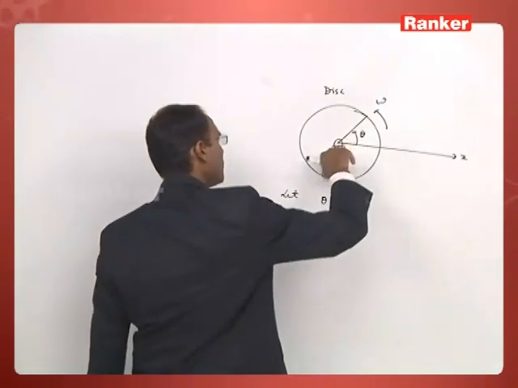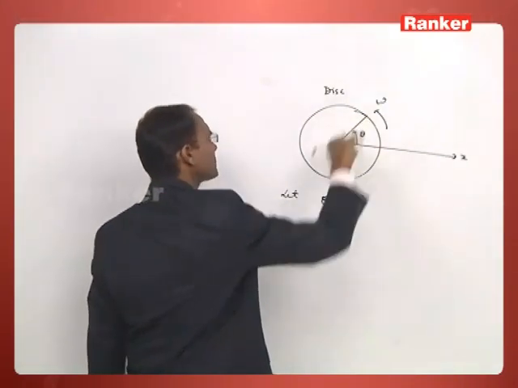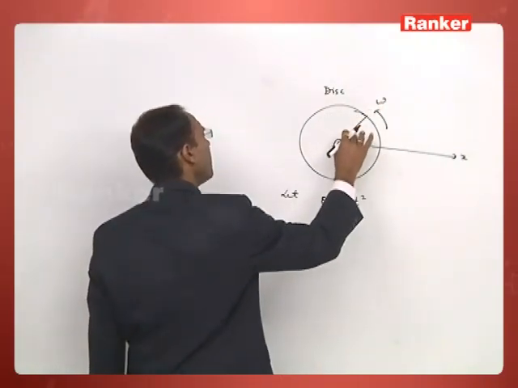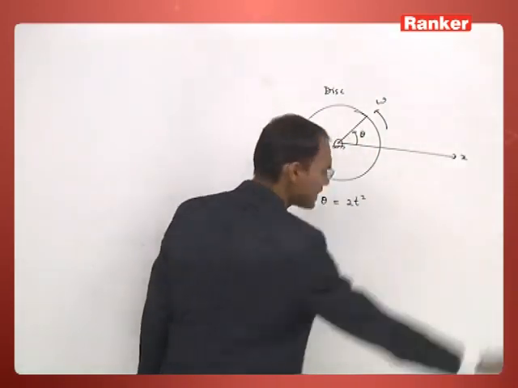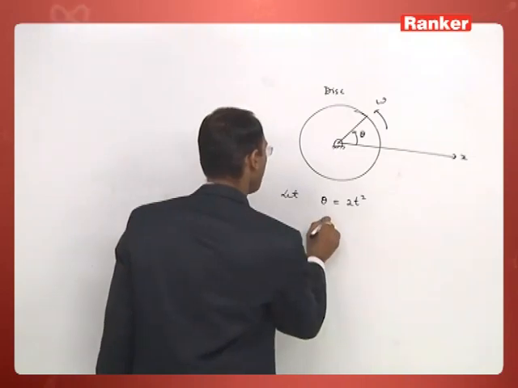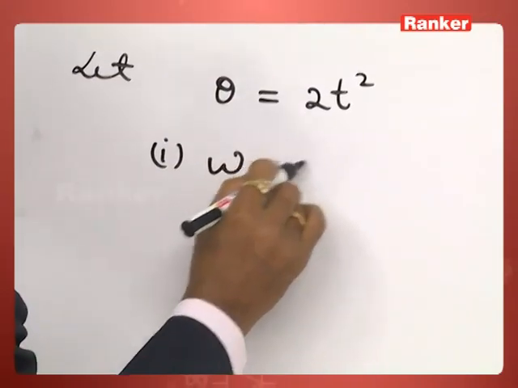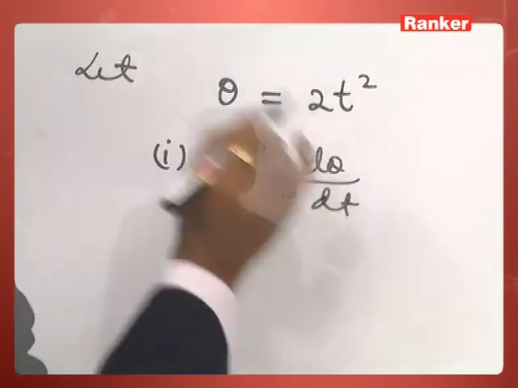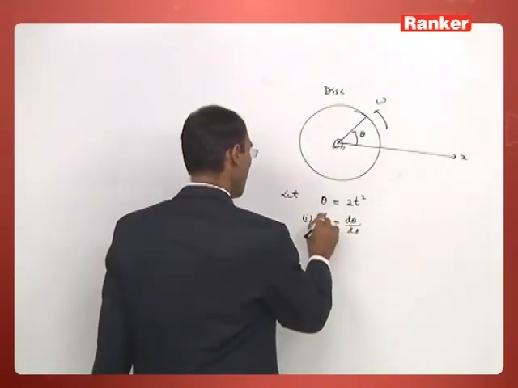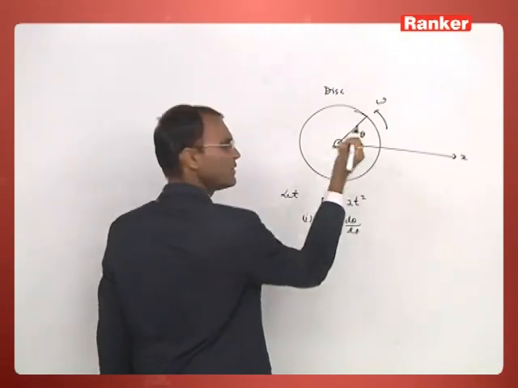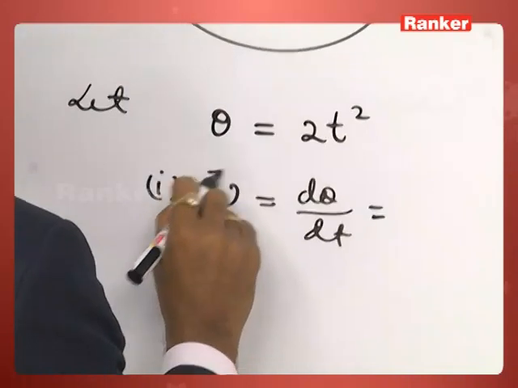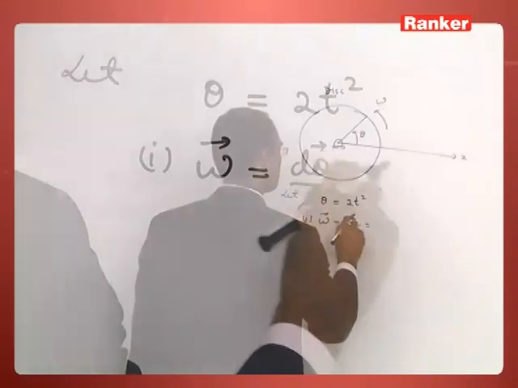When the straight line drawn inside the rigid body or the disk keeps on changing the angle of its orientation with respect to the fixed line, the body is said to be rotating with an angular velocity d theta by dt. Theta is in which direction? Positive z direction. So you can just write vectorially.